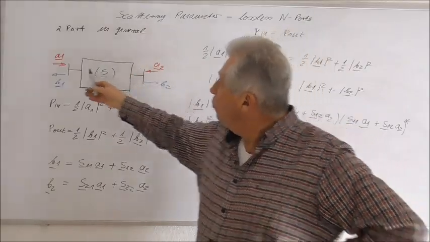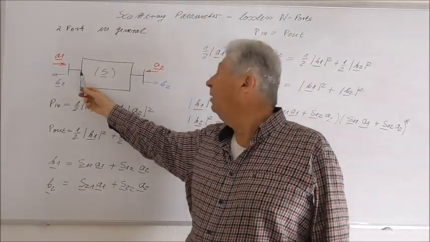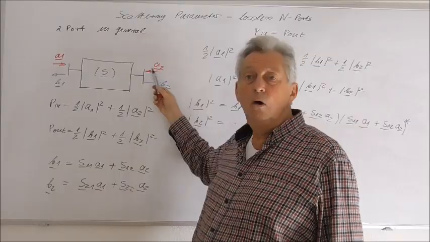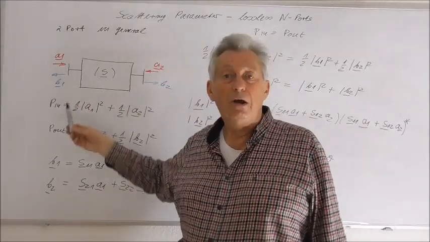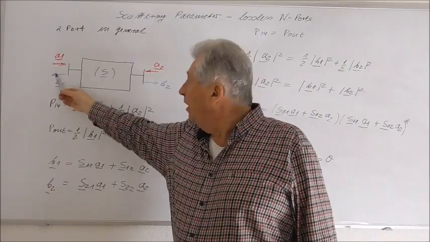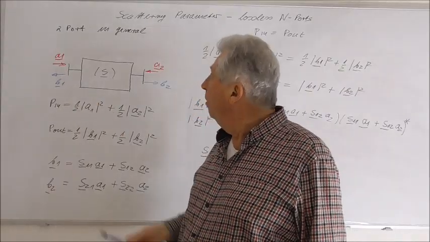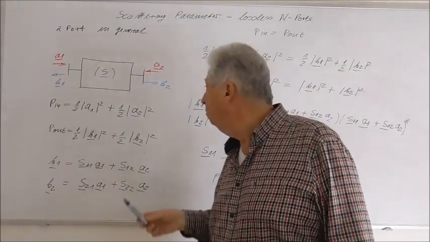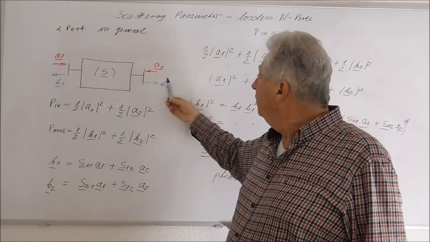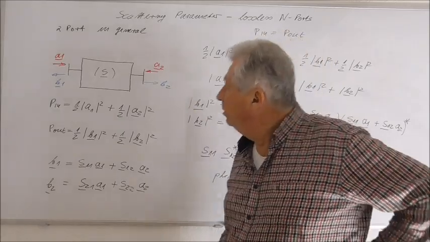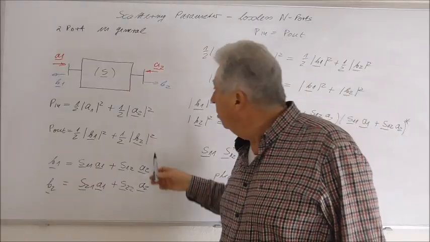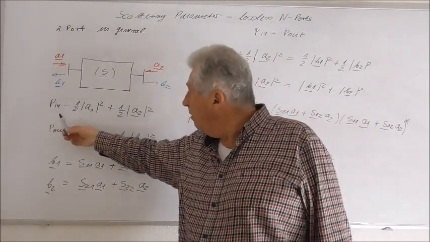So in the last step I will now consider the general case, where the two wave amplitudes A1 and A2 enter our two-port, and as a result we have the reflected wave B1, which comes out of port 1, and the wave amplitude B2, which comes out of port 2. So the only thing that changes is the input power.